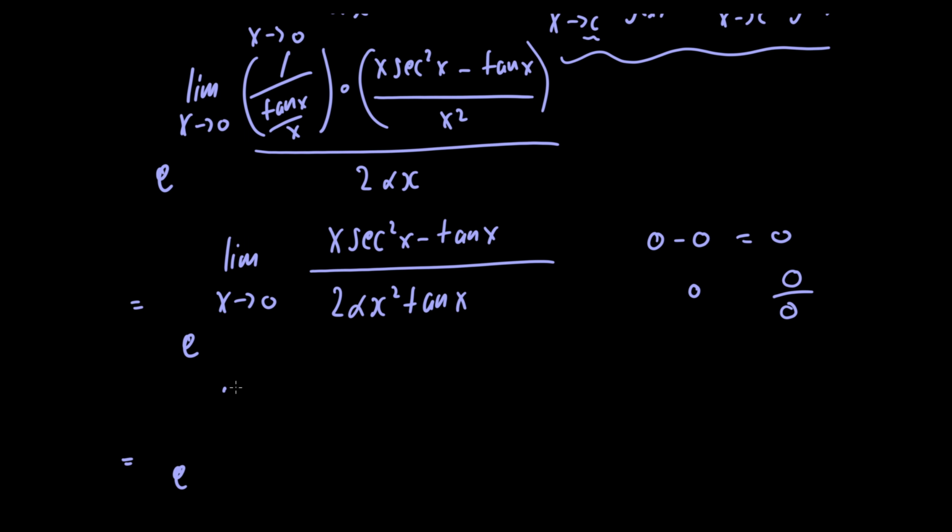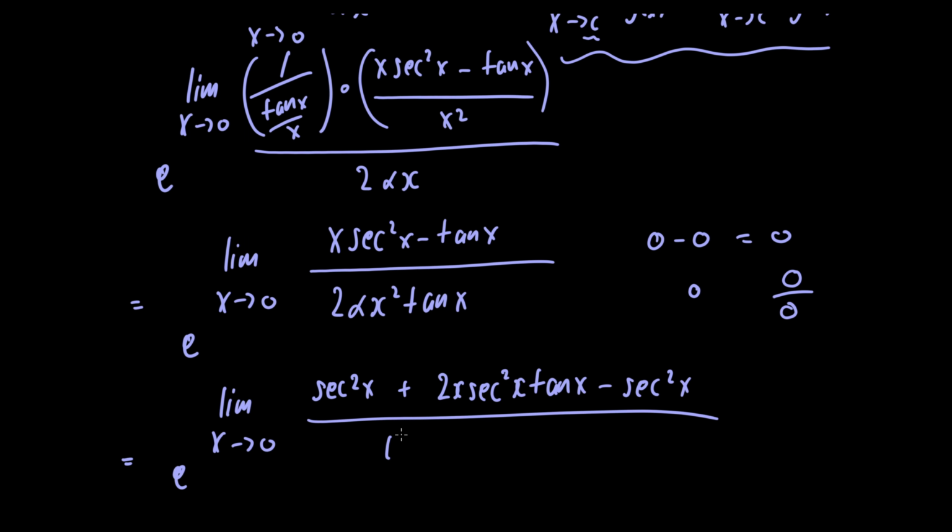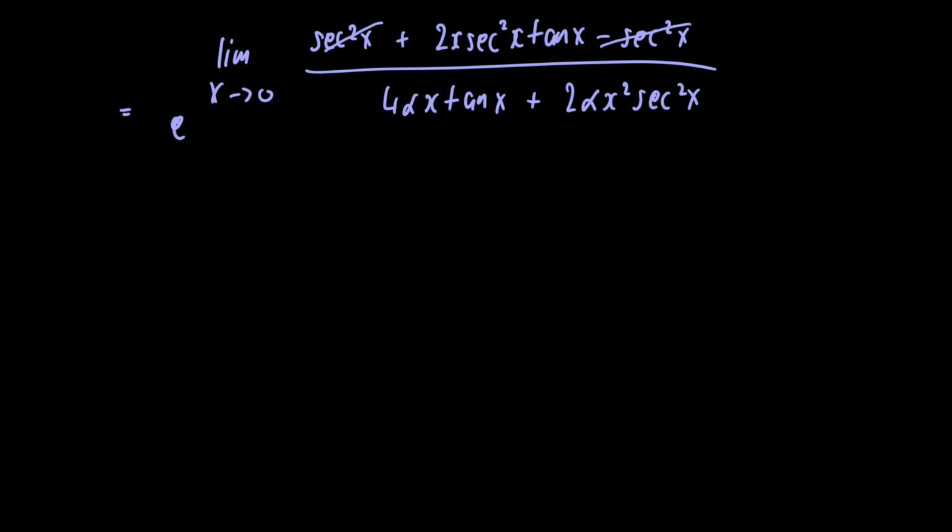Doing so, we have e raised to the limit as x approaches 0 of secant squared of x plus 2x times secant squared of x times tangent of x minus secant squared of x, all divided by 4 alpha x times tangent of x plus 2 alpha x squared times secant squared of x. These two sum to give 0, and if we let x tend to 0, in the numerator we just have 0, and in the denominator we also just have 0.